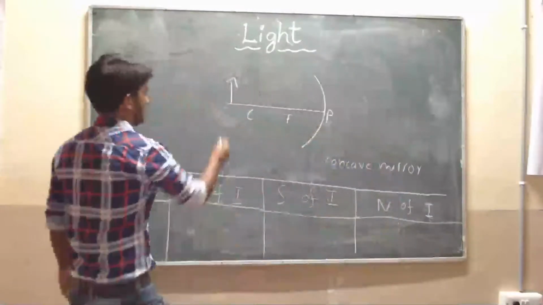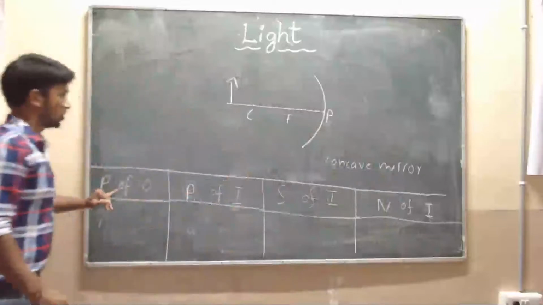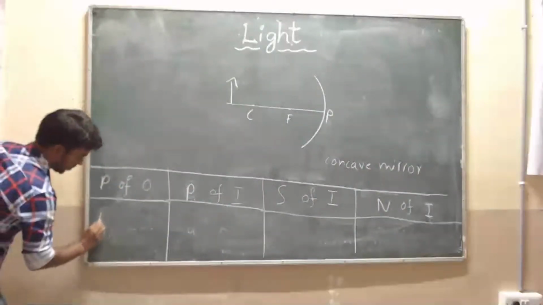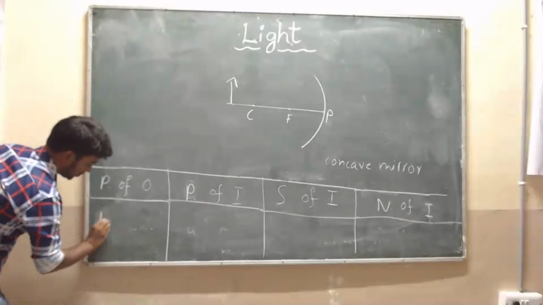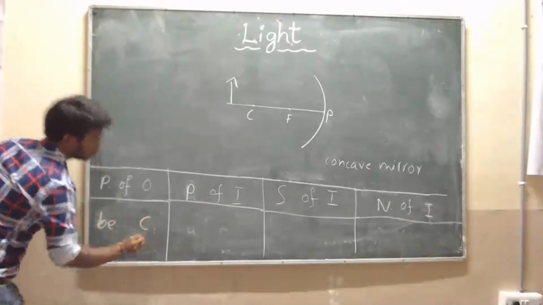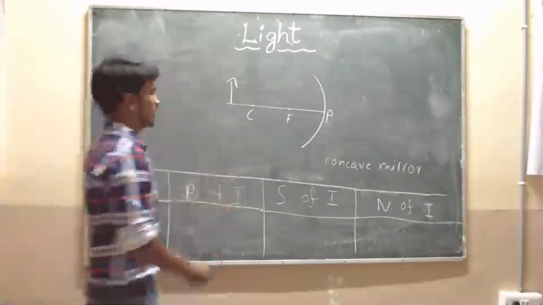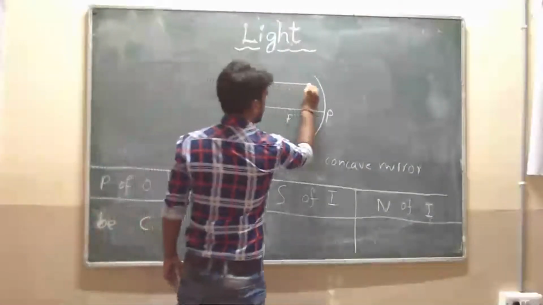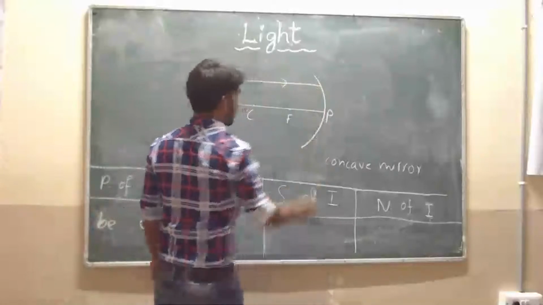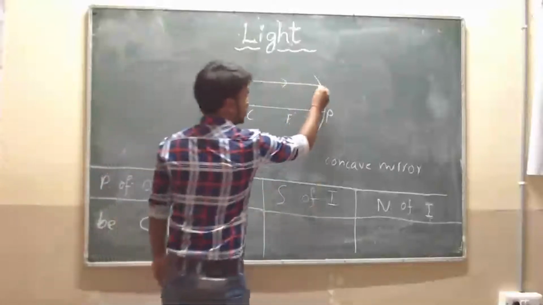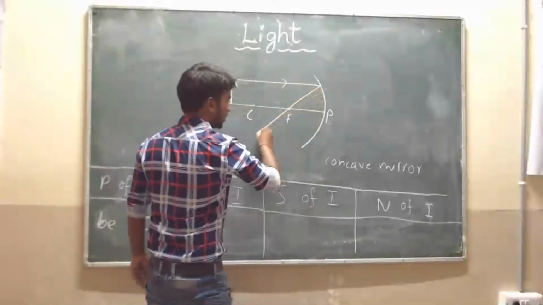Okay. See, now position of the object is behind C. Next, here also consider two rays. I will consider one ray parallel to the principal axis. You know, right? After reflection, it passes through the principal focus.